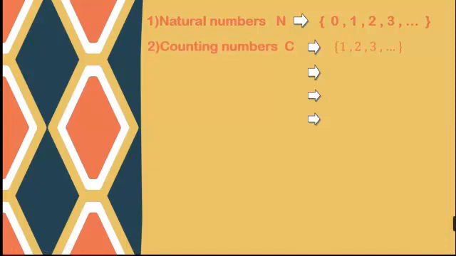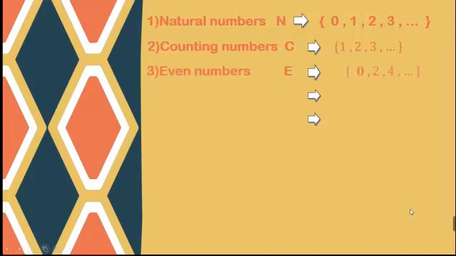If I ask you to count the pens in your pencil case, or how many members are in your family, you will start with 1. So the counting numbers don't have 0. We will start with 1 and complete all the natural numbers. I just take 0 out and complete the numbers. So this is the counting numbers.